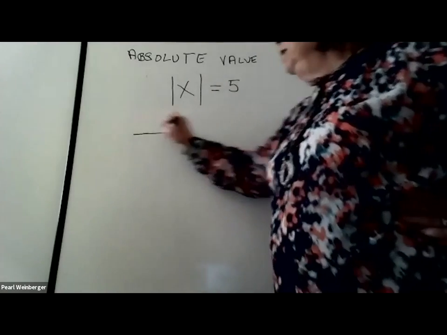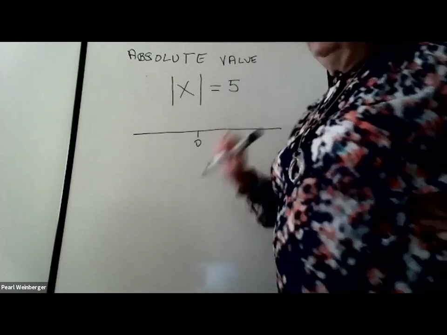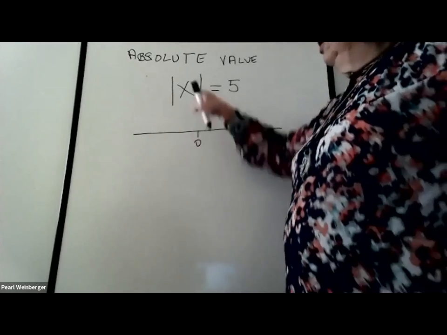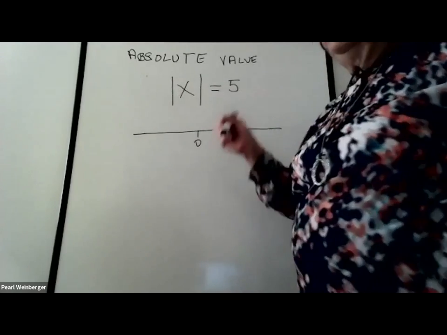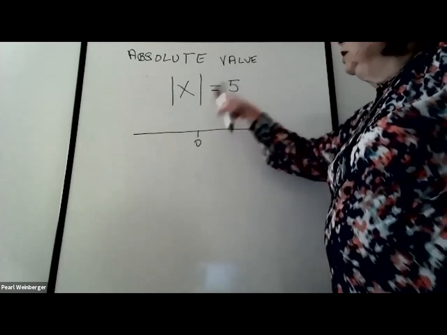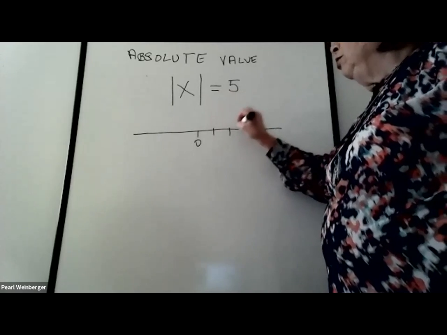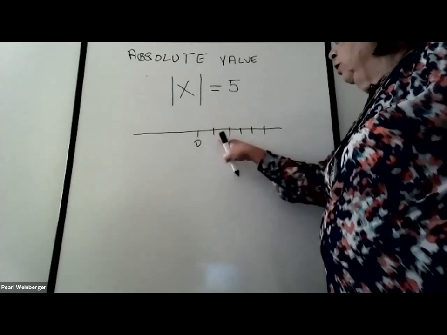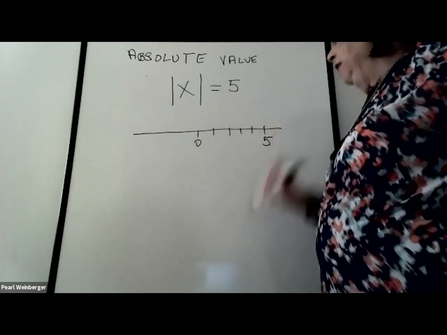So if I look at my number line and I ask myself, where could the x be located? Remember, to say that the absolute value of x is 5 means that we're 5 steps, 5 units from the origin. Well, I could go 2 ways. I can go to the right, 5 steps, 1, 2, 3, 4, 5, and get to +5.